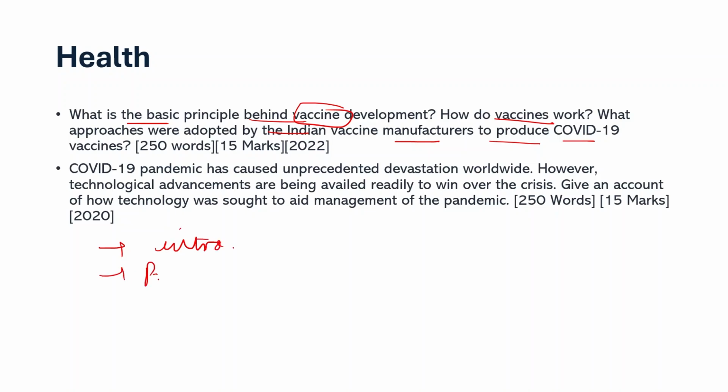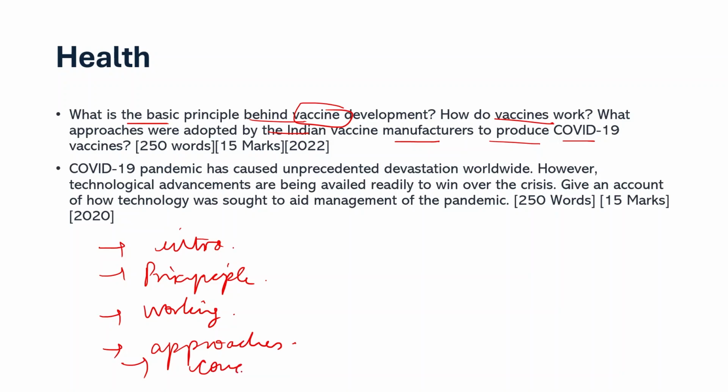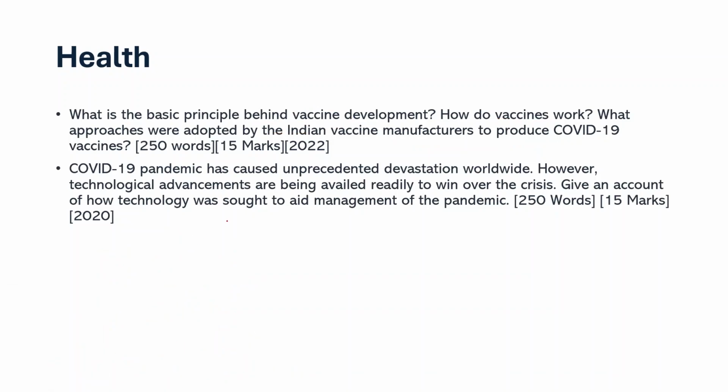Then you write about principle of vaccine development, right? Then you write about working of vaccines, right? Then you write about approaches of Indian manufacturers, and then you conclude, right? It's a simple structure already given to you in the question.